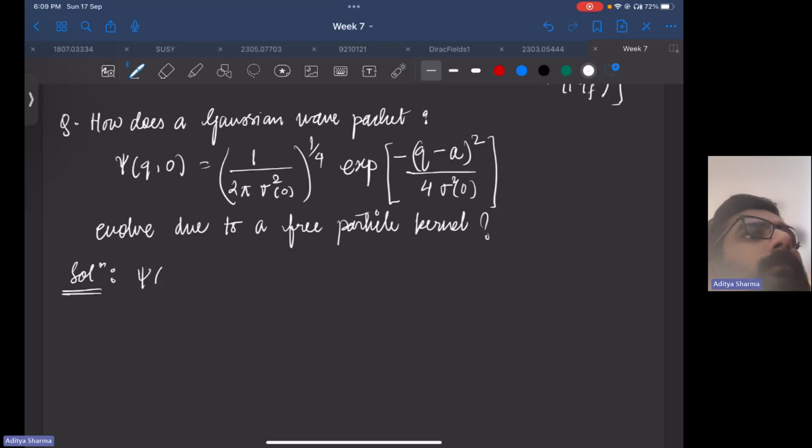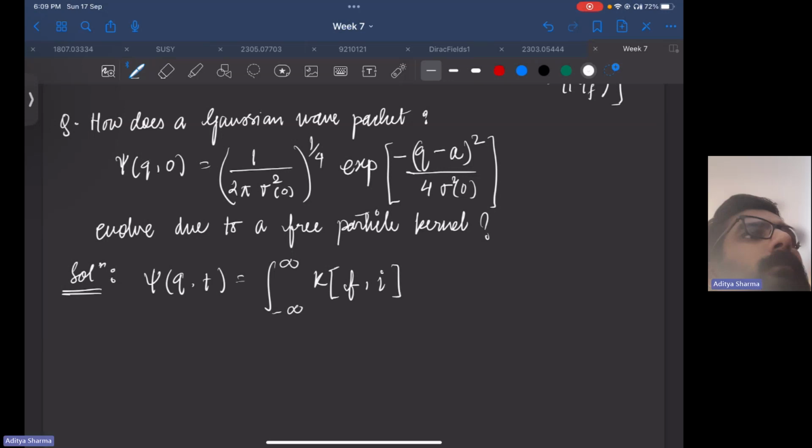So psi of q at time t is, let me write the formula first. Psi at any q, t is equal to the integral of the kernel times the initial wave function.